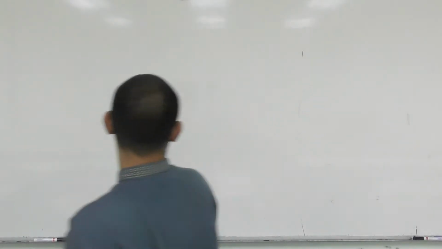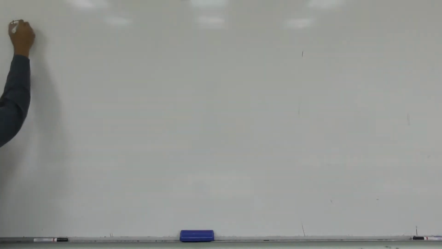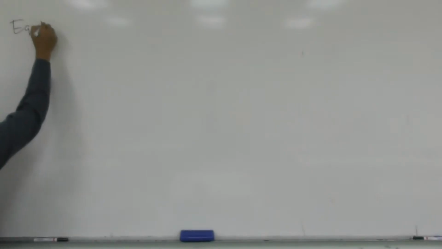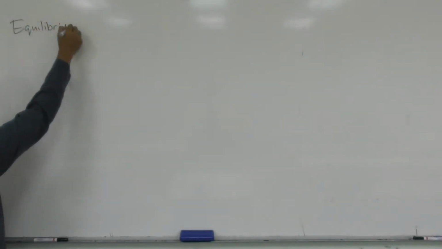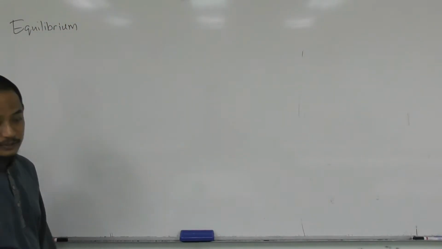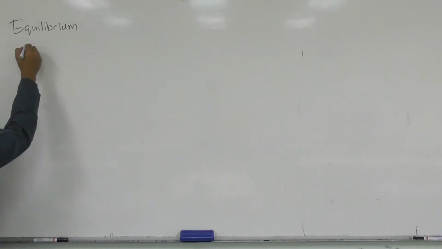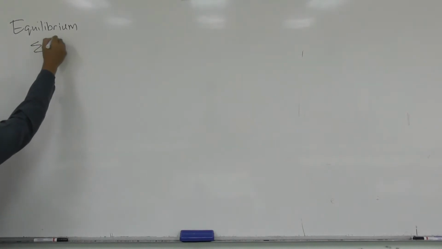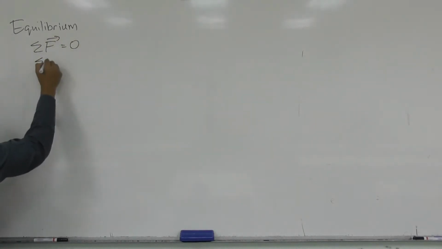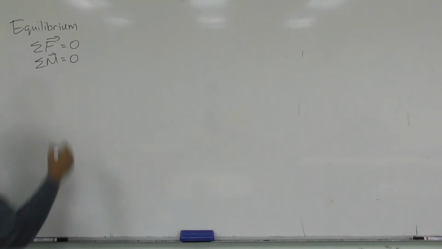Basically, we have summation of forces equal to 0 and summation of moment equal to 0, right? So essentially in equilibrium, we have the summation of all forces equal to 0, summation of all moment equal to 0, right?